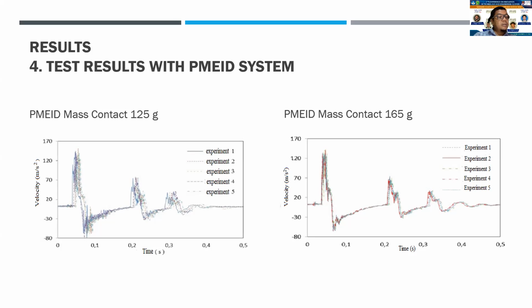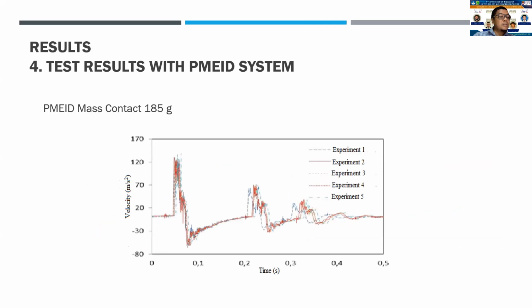For PMID mass contact 165 gram, the mean maximum acceleration amplitude is 130.5 meter per second squared. For the PMID mass contact 185 gram, the average maximum acceleration amplitude is 128.5 meter per second squared.